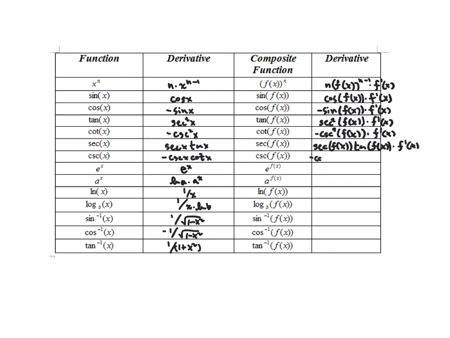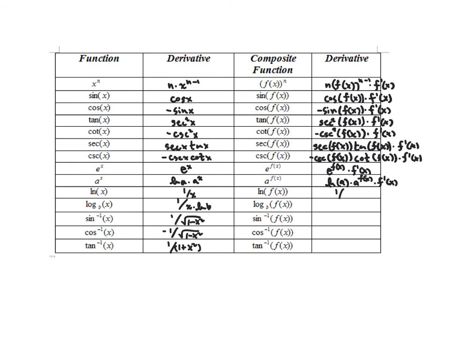This would be negative cosecant f of x cotangent f of x times f prime at x. This would be e to the f of x times f prime at x. This would be ln of a times a to the f of x times f prime at x.